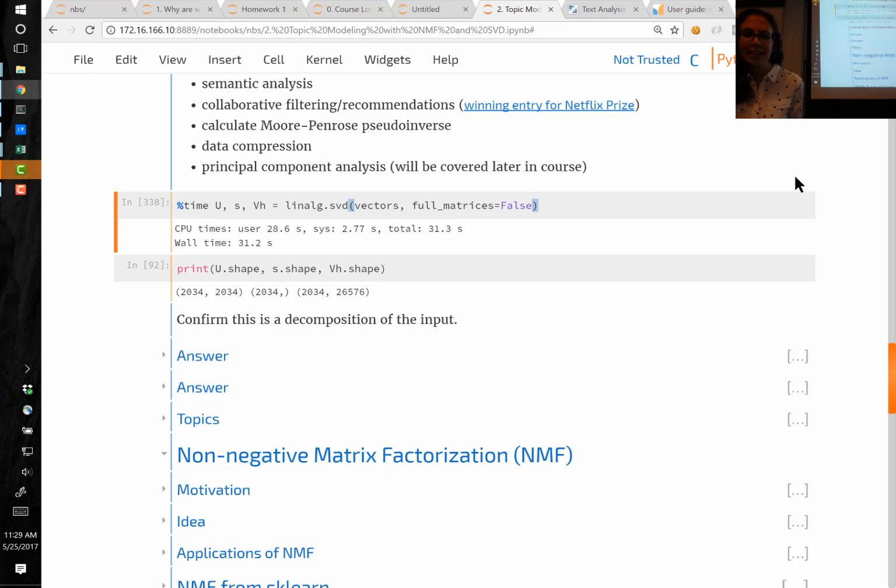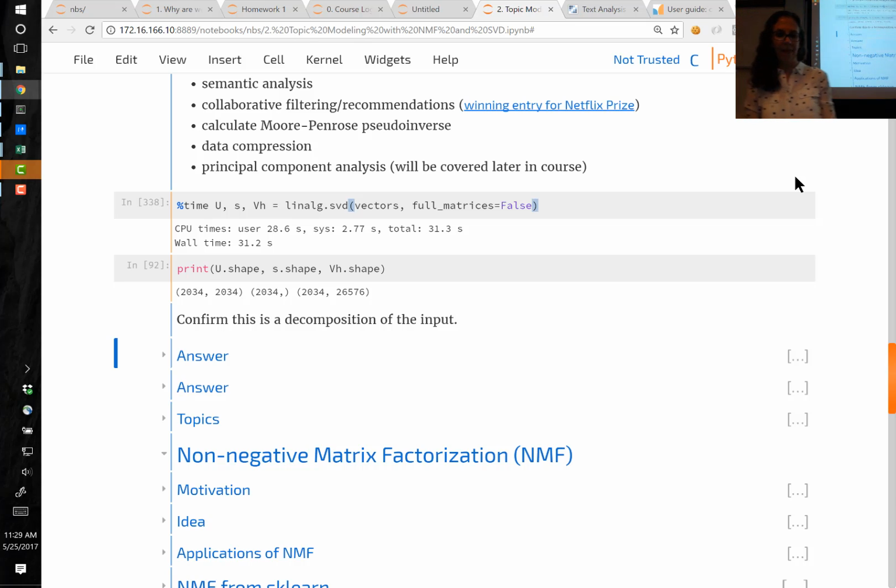Okay, do you guys have your answer for confirming the decomposition? What did you do? Someone want to say? Okay, S was being stored as an NP array.